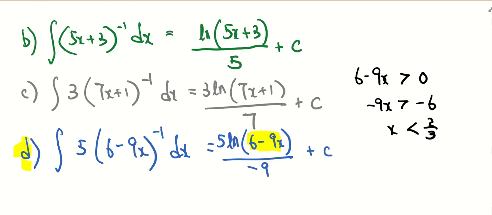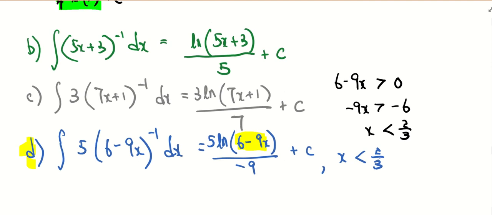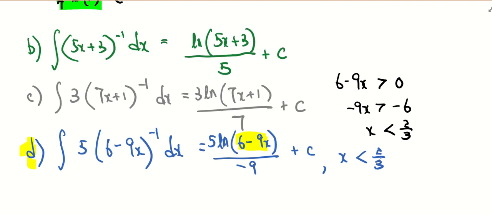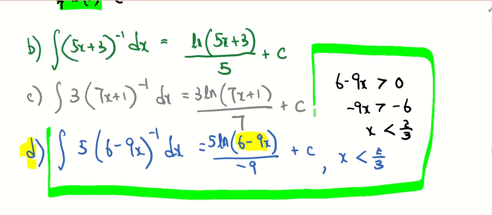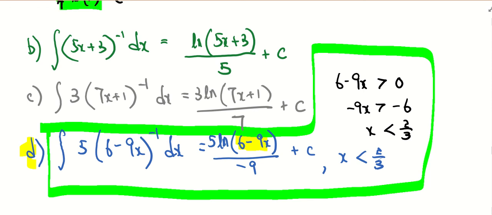So, if I want to put an even better answer, I'm not saying it's a must, I must actually put x must be less than 2/3. You get what I mean? The range must be there. Alright? It's not compulsory unless the question asks. This whole thing. Alright?